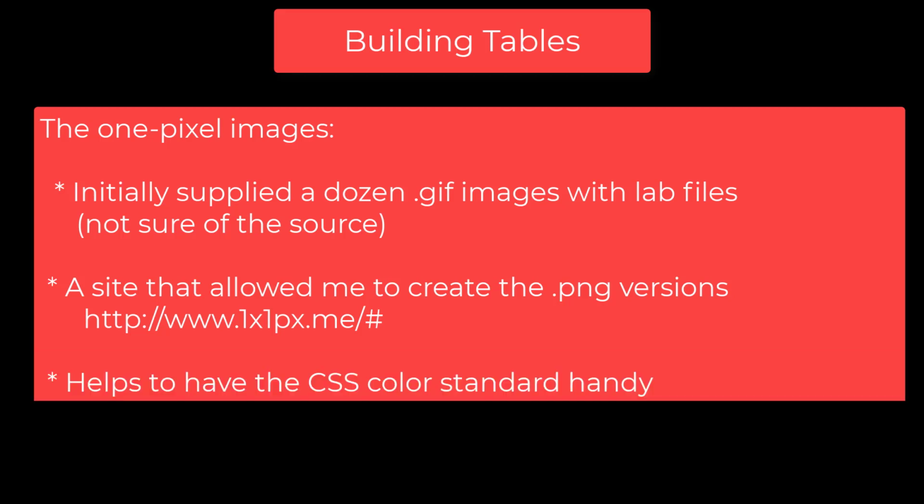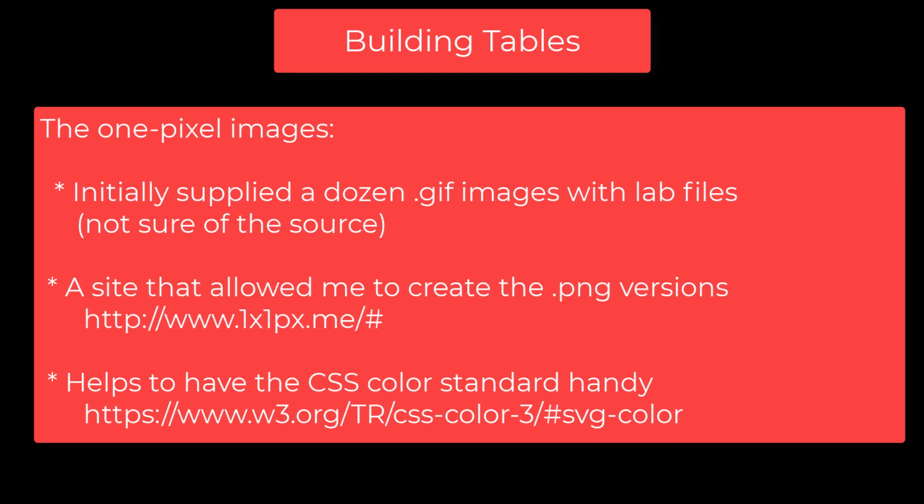Now, it helped to have the CSS colors standard as a reference for the names of the colors and the hex values that go into the components. And here's the site for the CSS colors standard.